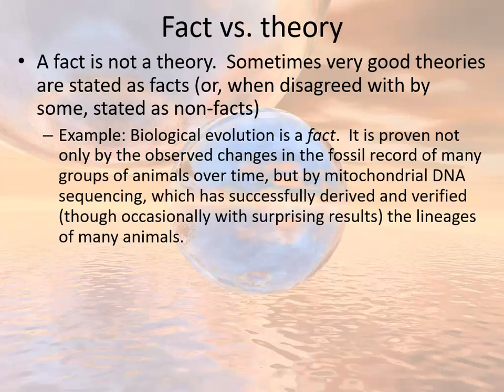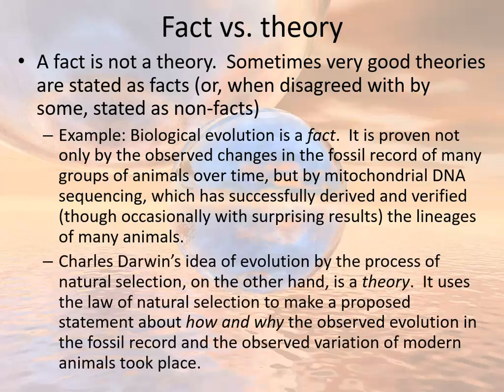For example, as we mentioned before, biological evolution is a fact. It is proven to be true by mitochondrial DNA sequencing, as well as a number of other lines of logic. However, Darwin's idea of evolution by process of natural selection, that is a theory. It attempts to explain how and why it occurs.